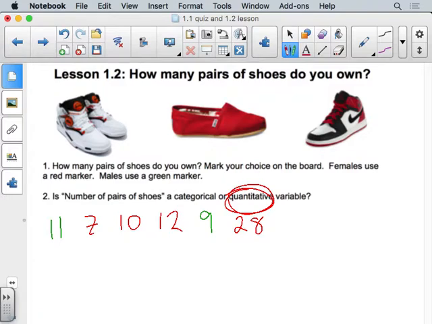I mean, by the time, soccer cleats and stuff. Yeah. 23. What? 23. All right. 8. 15. I'd say like 32. Okay. Probably. 32. Yeah. All right.